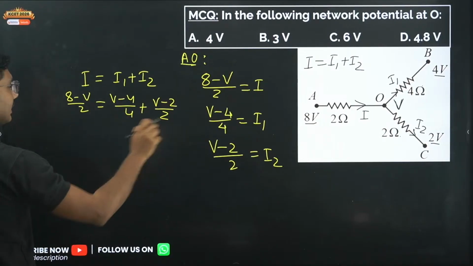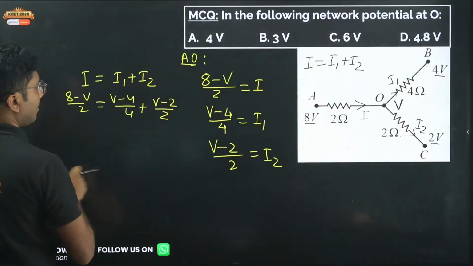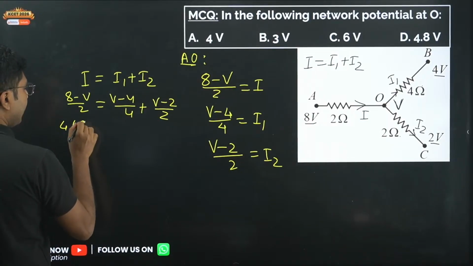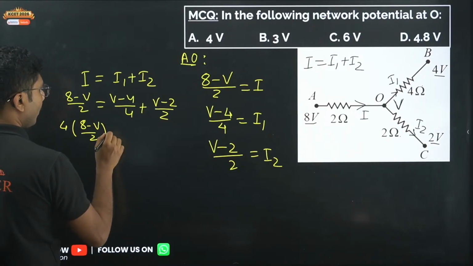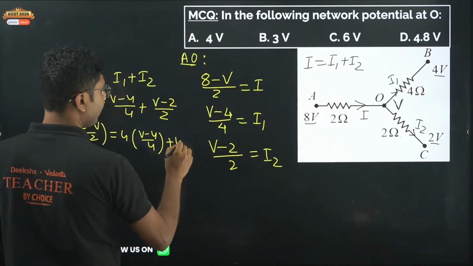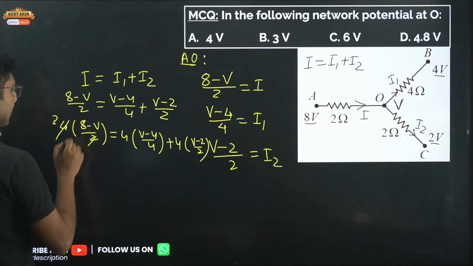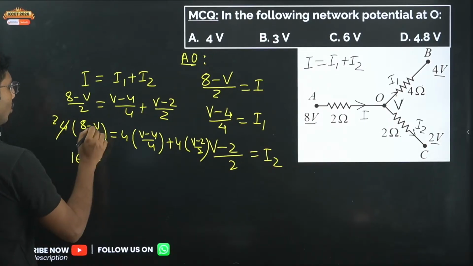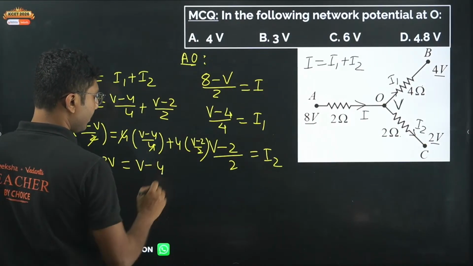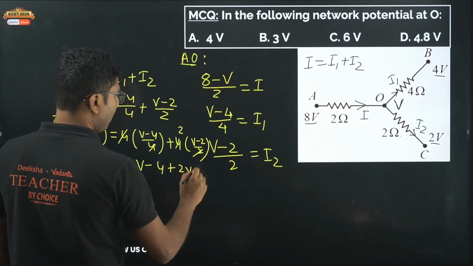Now the common LCM is 4, so multiply everything with 4. We get 4 into (8 minus V) by 2 equals 4 into (V minus 4) by 4 plus 4 into (V minus 2) by 2. So this cancels, we get 2 eights are 16, minus 2V, equals, 4 cancels, so V minus 4, and here also 2 cancels, we get 2V minus 4.